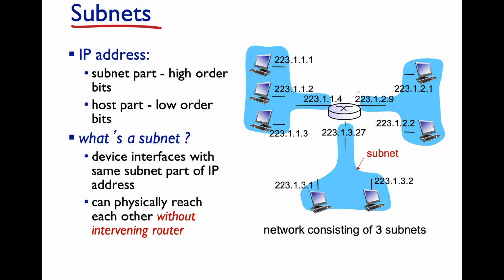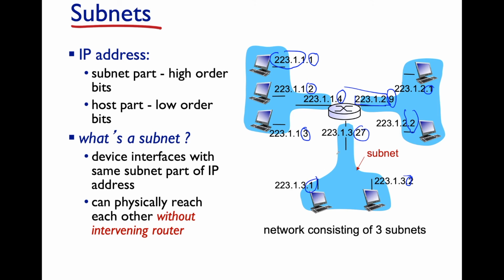Now here we see the 223.1.1 network is over here, and we see host number 1 on this 223.1.1 network, host number 2, host number 3, and host number 4. Likewise, on this 223.1.2 network, we have host 1, host 2, and host 9. On the 223.1.3 network, we have host 27, host 2, and host number 1.